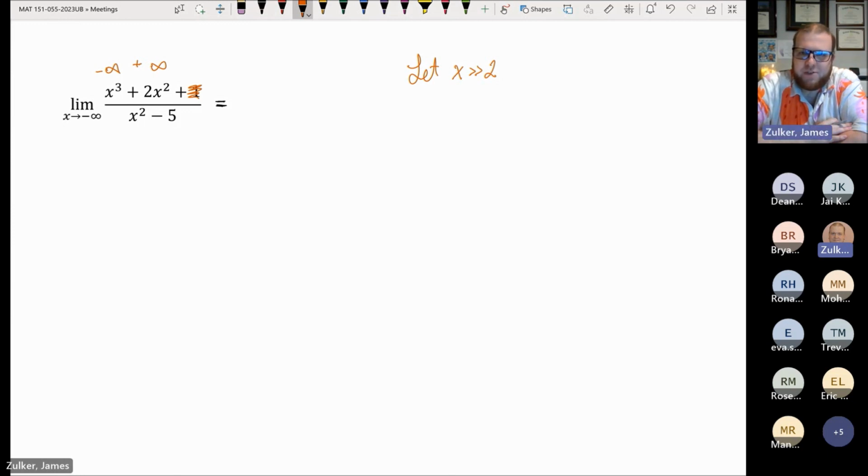I'm only looking at absolute values here. x cubed would be x times x squared, but we just said that x is much larger than 2, so that would be much larger than if I replaced one of the x's with a 2.